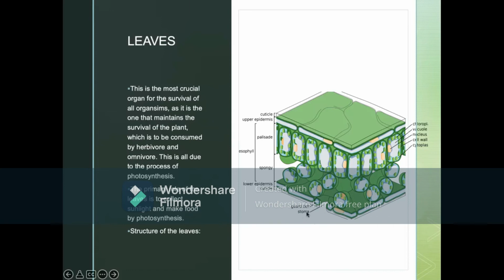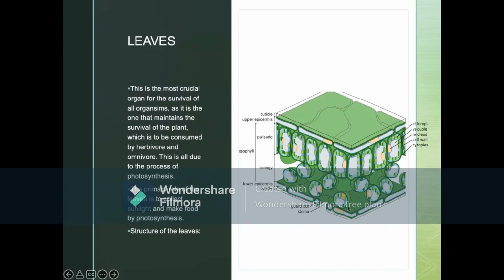This all occurs through the stoma, or the stomata, which is basically the space through which air goes in and out. So the guard cell opens and closes to allow carbon dioxide in and oxygen out.